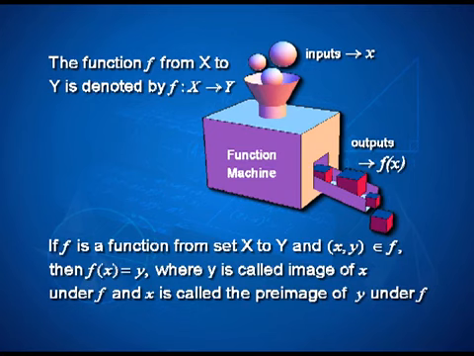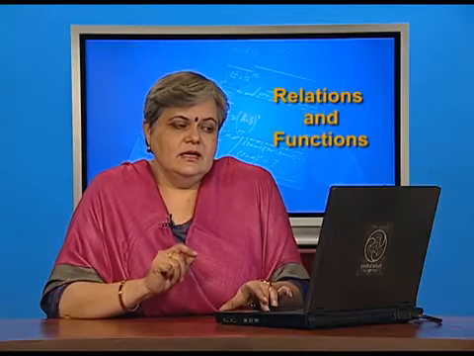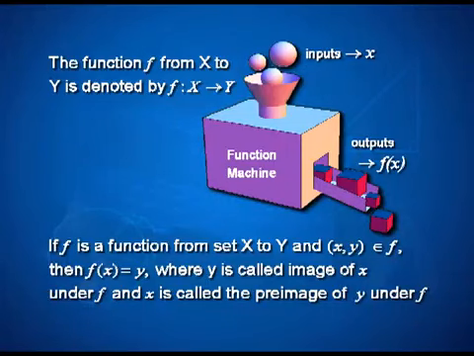Symbolically, we represent this function from set X to set Y as f colon X arrow Y. So, f is a function from X to Y. Instead of words, we use these symbols to represent this exact statement. So, remember, x is the input, f of x is the output, y is equal to f of x, y is the image, x is the pre-image.